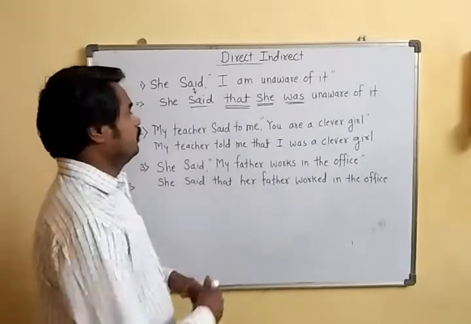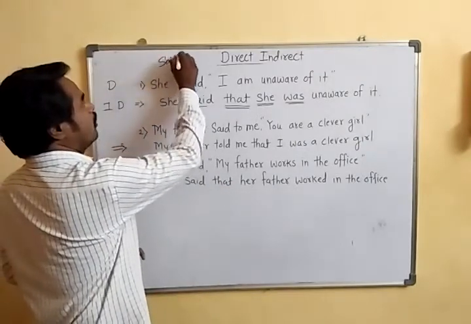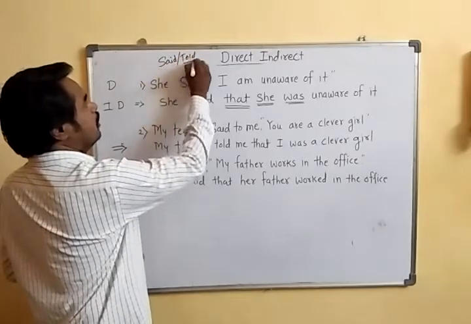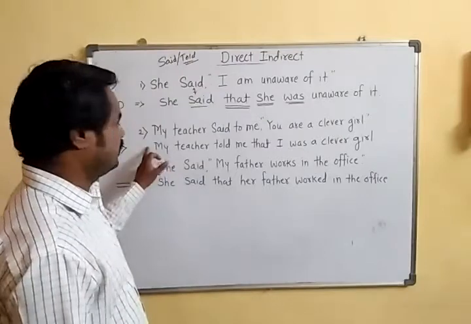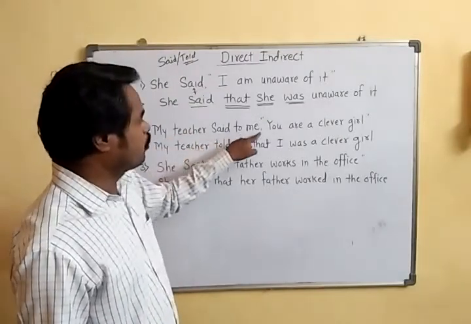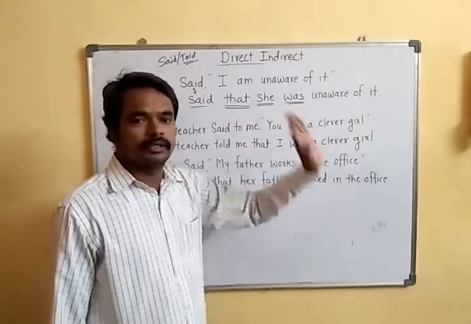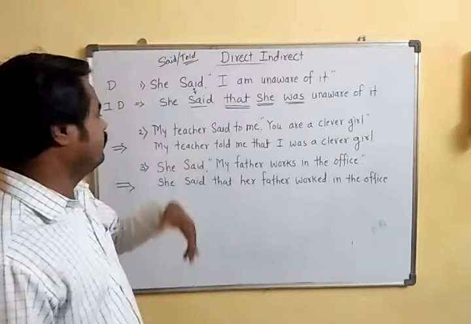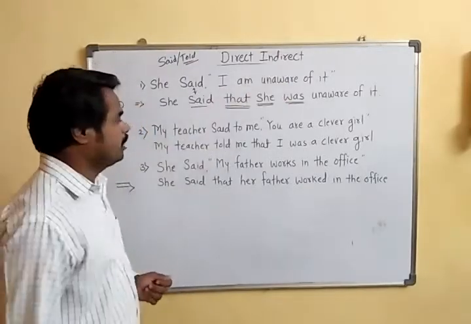Now, we have mentioned that we have to use said or told. Now, the question is when we have to use this told. Let us see the second example. My teacher said to me, comma, inverted comma, you are a clever girl. Okay, the sentence is over. Now, when we are converting this sentence into indirect, what we have to do?